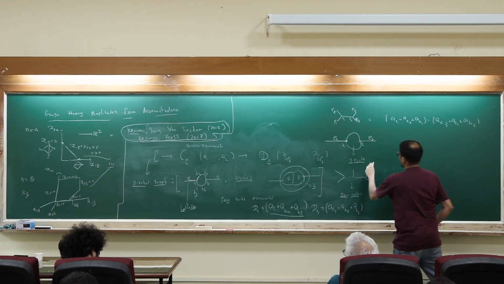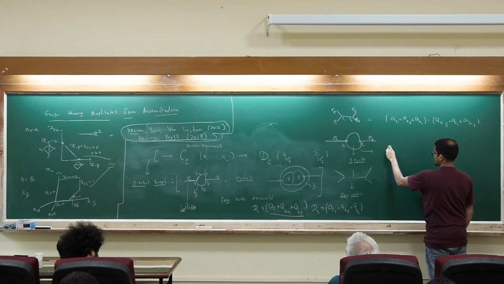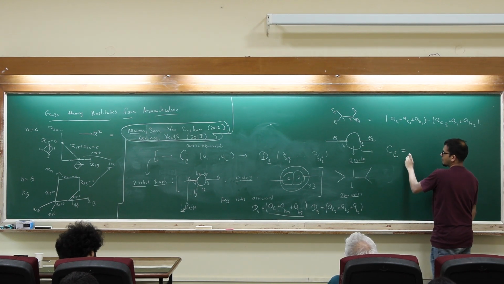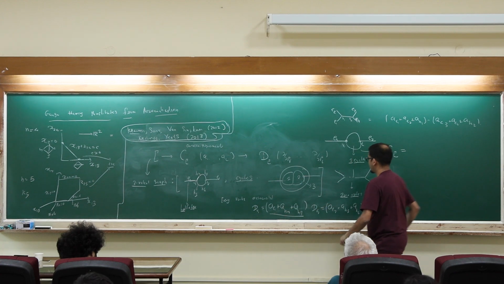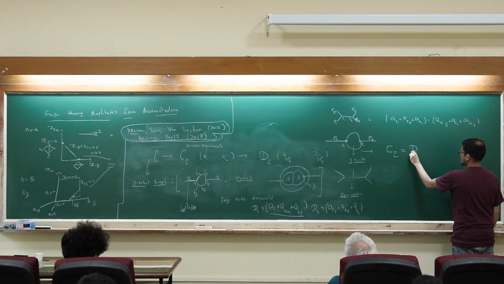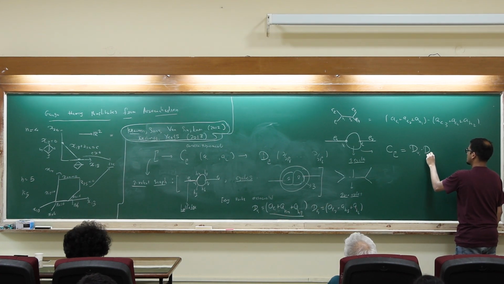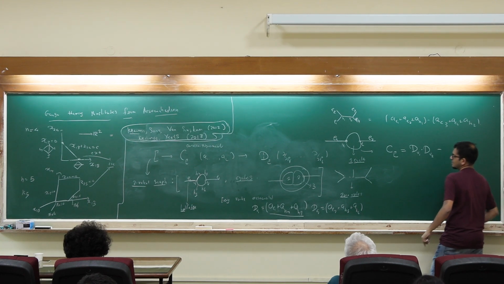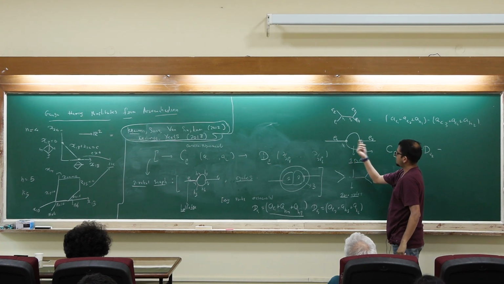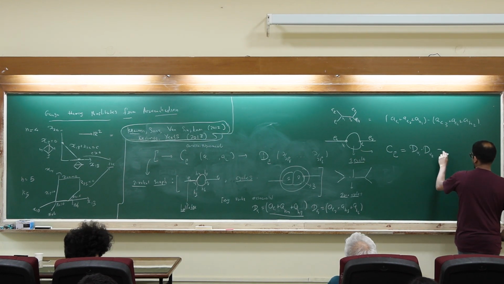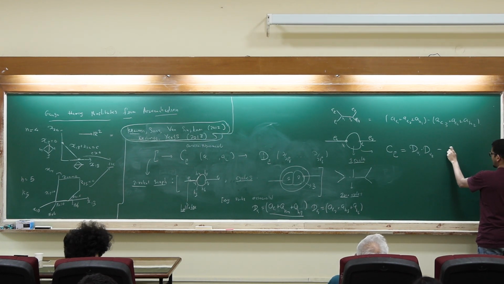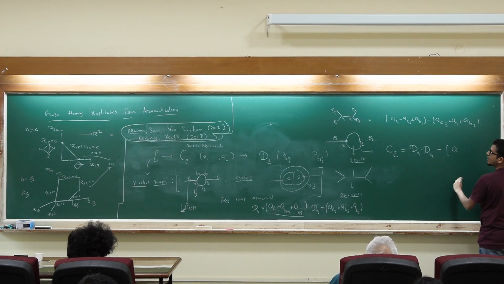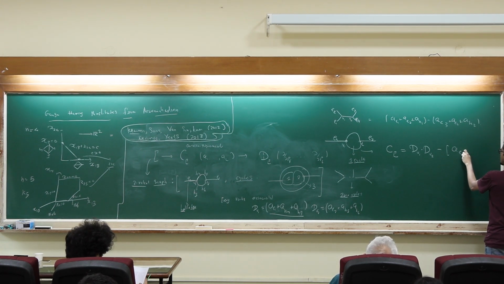So now we define a corolla for this graph, C gamma, which is the corolla that we obtained from D, minus the sum, so I will write and then explain, AE1 dot AE2.